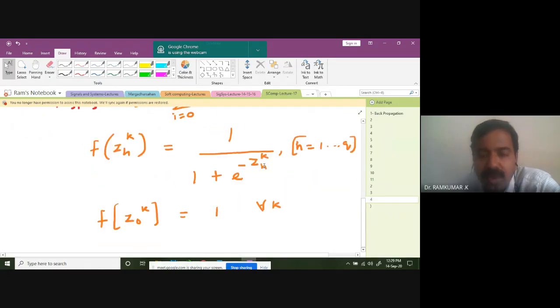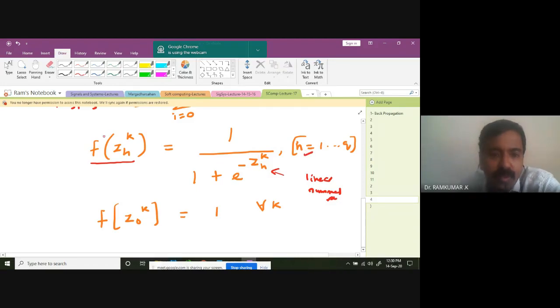Now, having computed the summation, I'm going to pass it through the sigmoidal function. So this is the output of the hidden neuron: the linear summed up value will be passed through a sigmoidal function like this. For each neuron, I can compute this value.